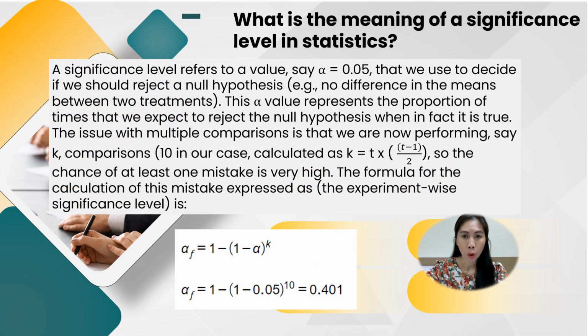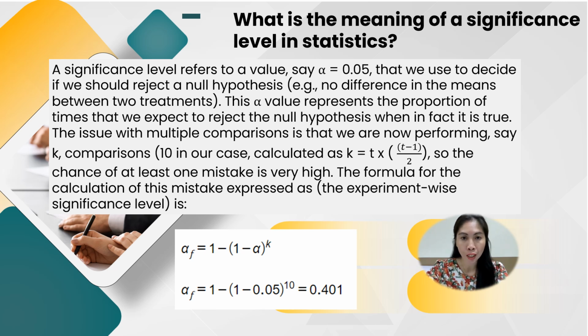A while ago, we were discussing the significance level. So let us try to see what is the meaning of a significance level in statistics. A significance level refers to a value, say alpha equals 0.05, that we use to decide if we should reject a null hypothesis.